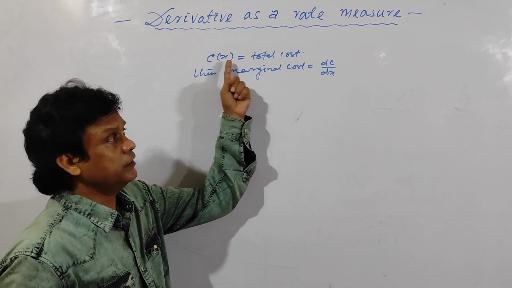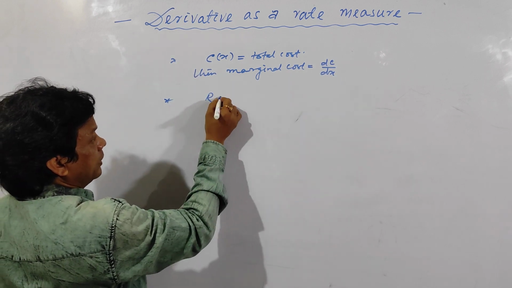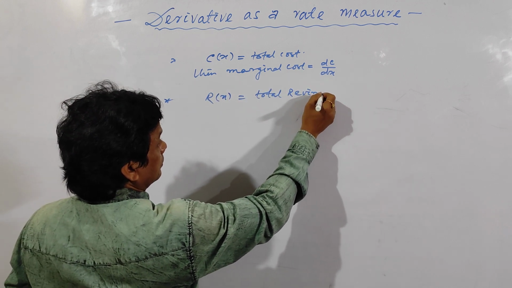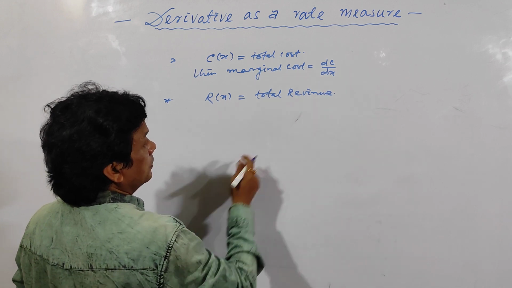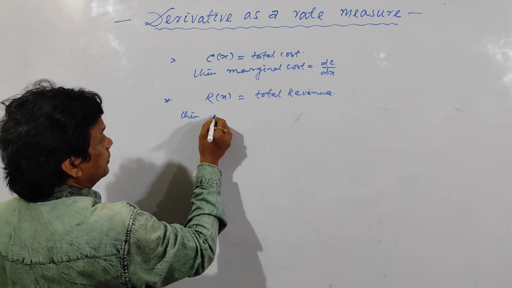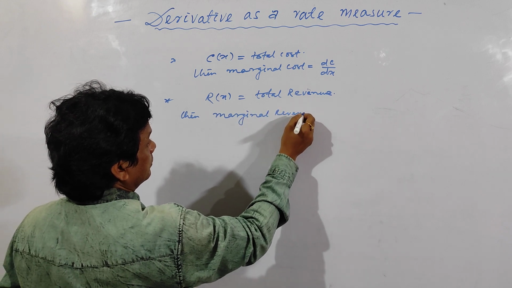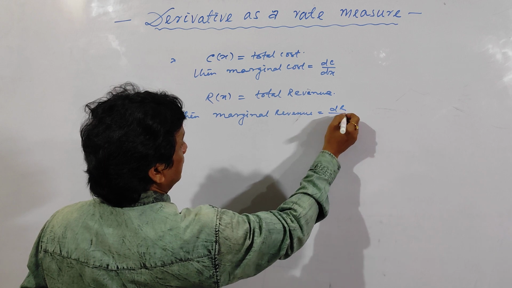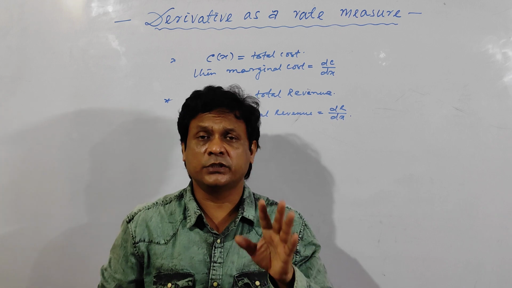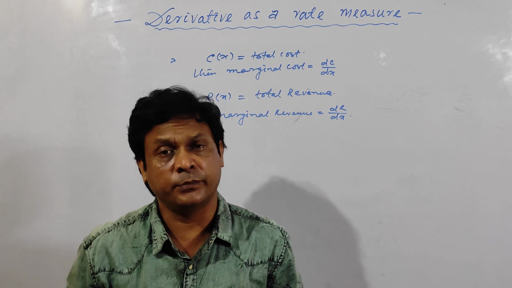And if C is a function of t, you should find out dC by dt. Clear? And similarly, if R of x is the total revenue, then marginal revenue is equal to dR by dx. This is your formula. If cost is given, simply find the derivative, which is called the marginal cost. If revenue is given, simply find the derivative, that is called the marginal revenue.